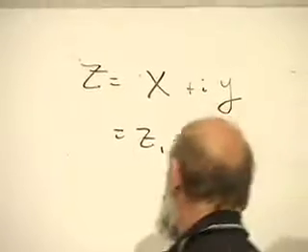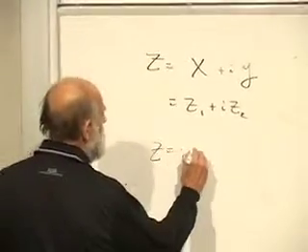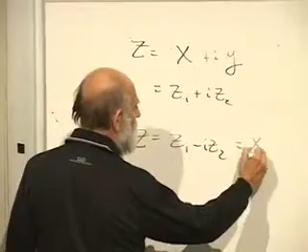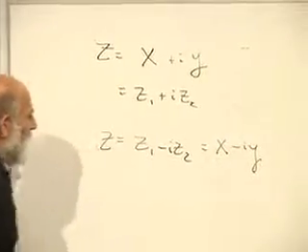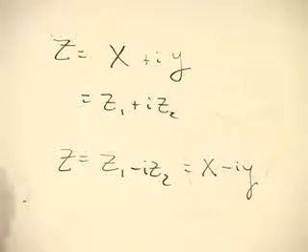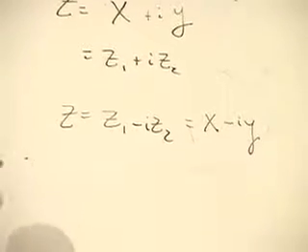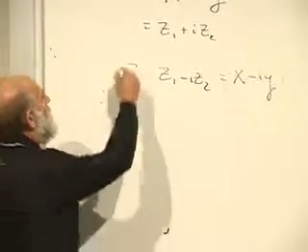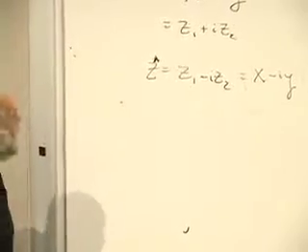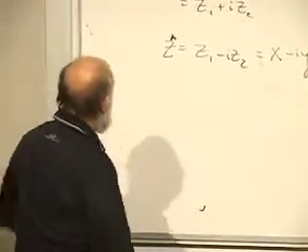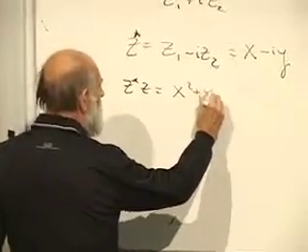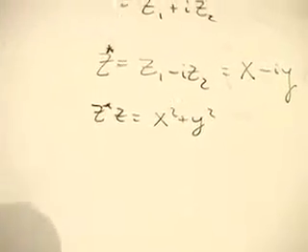The complex conjugate of z is equal to z1 minus i z2, or x minus iy. Let me just write down some simple facts about complex numbers to remind you. Star, complex conjugate. What else do we need to know? z star z is just x squared plus y squared, or z1 squared plus z2 squared.